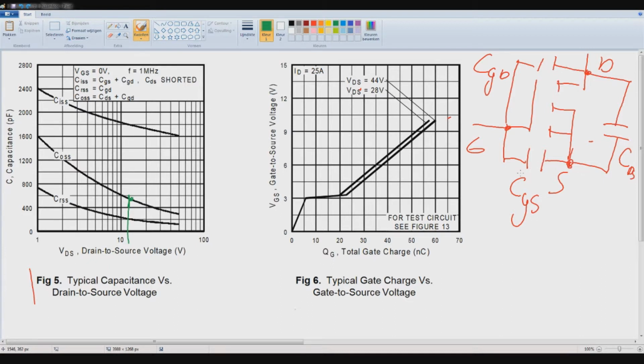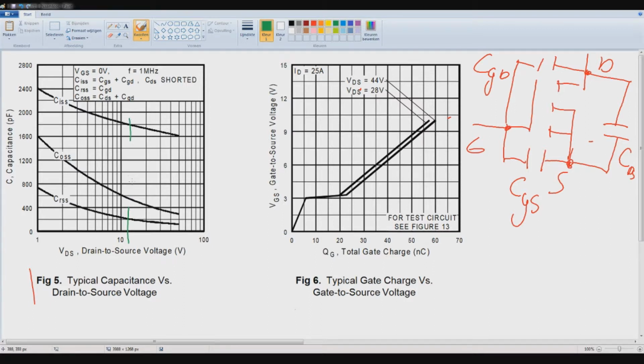Therefore, if you switch it on, it's called zero voltage switching because there's no voltage difference. So it's pretty important to know this value for that case.